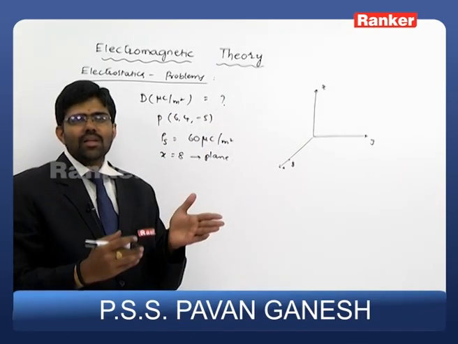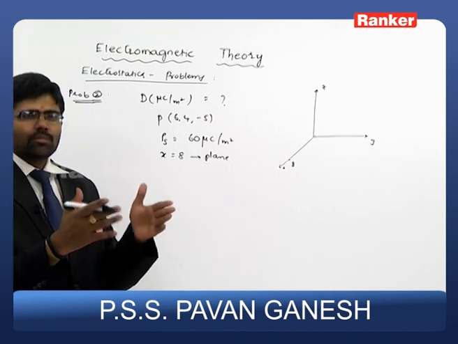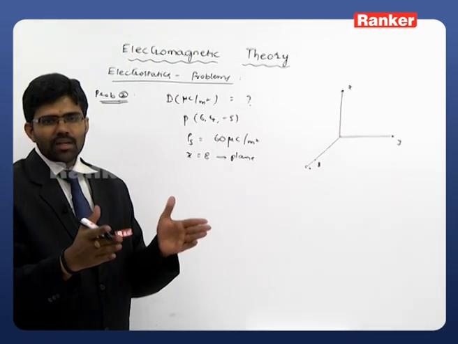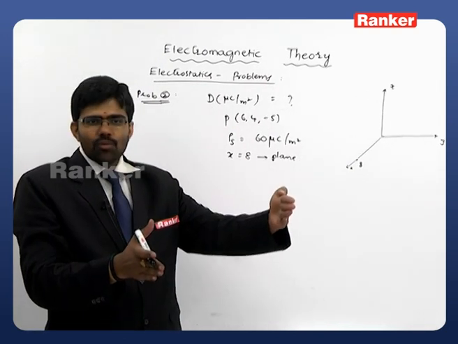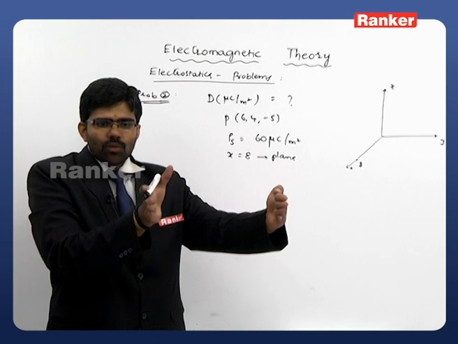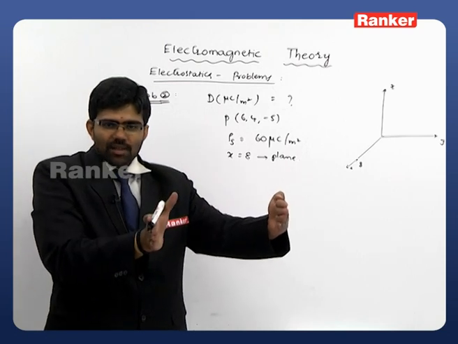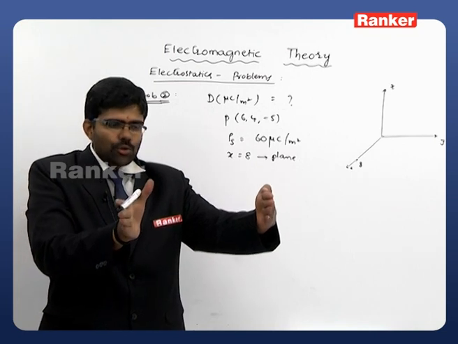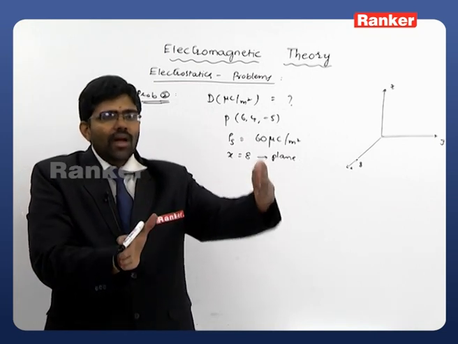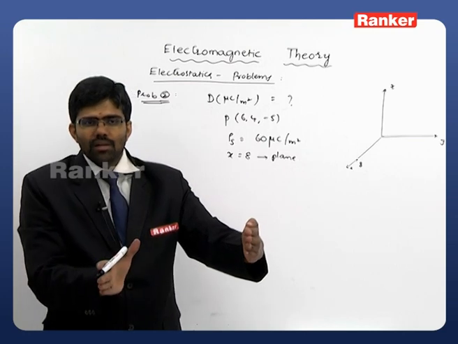Whenever we place a plane at x equals some quantity, then that will be parallel to the yz plane. That may be x equals 8 or 5 or 16, whatever it may be. So if you are placing a plane at x equals 8, obviously that will be parallel to the yz plane that we are considering.